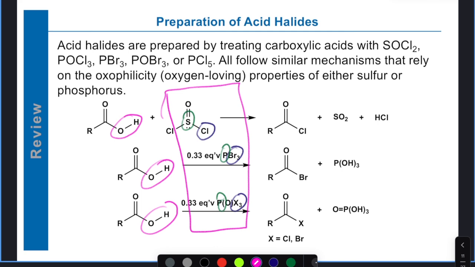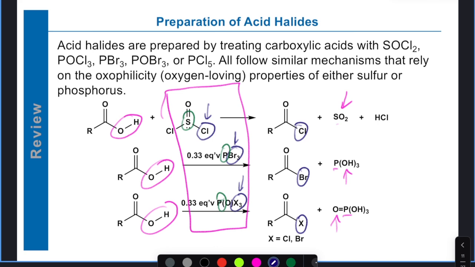If you look at your products, each one of those phosphorus or sulfurs is now attached to the oxygen species. And each of these reagents has the halogen of interest that we're installing into our final molecule. So they have the same pattern: an electrophilic material that contains a halogen and is also doing a deoxygenation reaction. That's the general point.